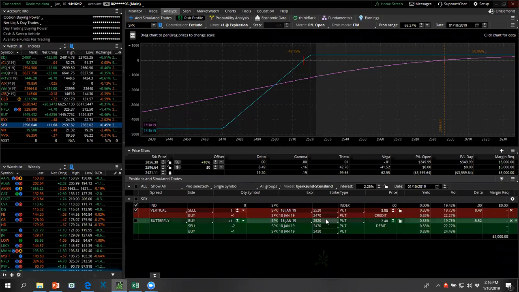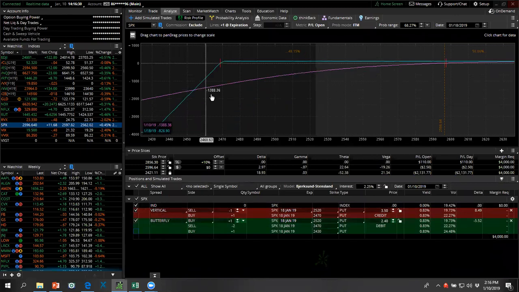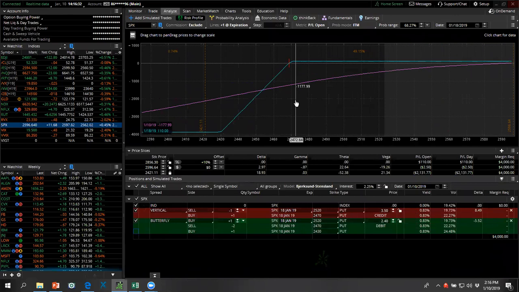I was long a 2470, and this butterfly is selling two 2470s, which undoes the long that I had, and sells another one, which is going to be the new short, and then another long somewhere below it makes a butterfly. And if I click this, you can see that it has repositioned the put credit spread down from the shorts being at 2520 to being at 2471.